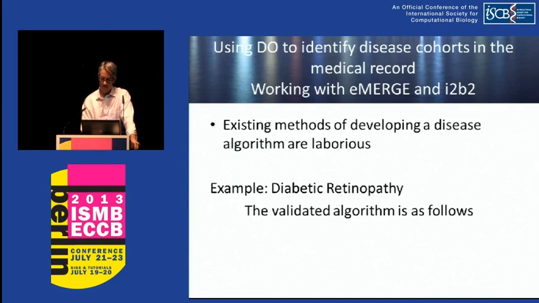So it turns out with eMERGE, a large consortium in the United States where we're building up detailed algorithms for identifying specific diseases, this is one of the specific disease terms that have been developed by the eMERGE consortium.